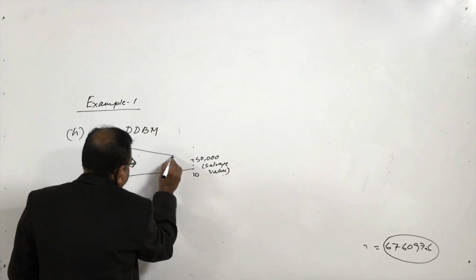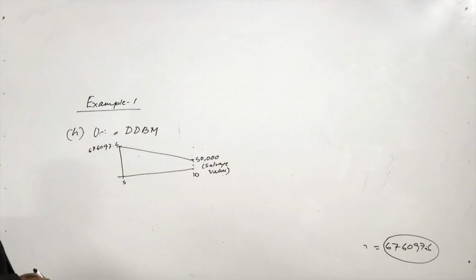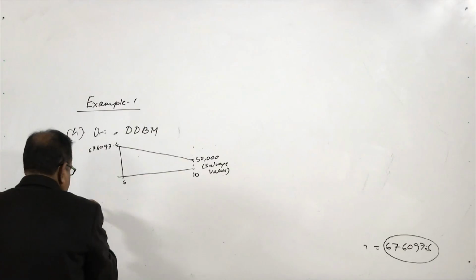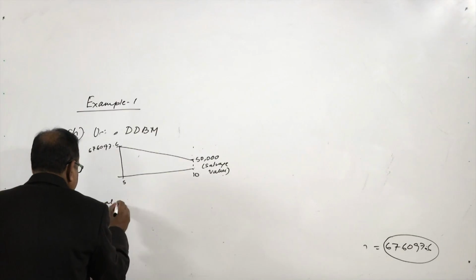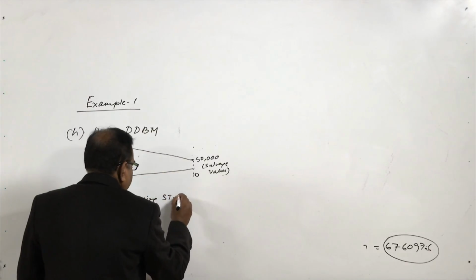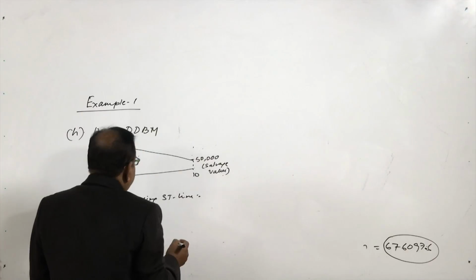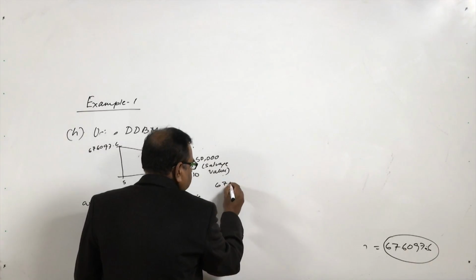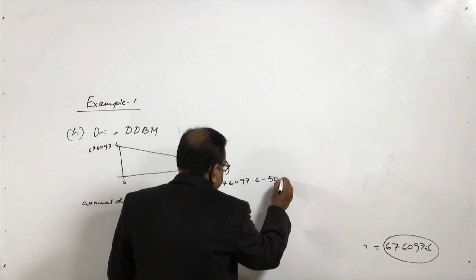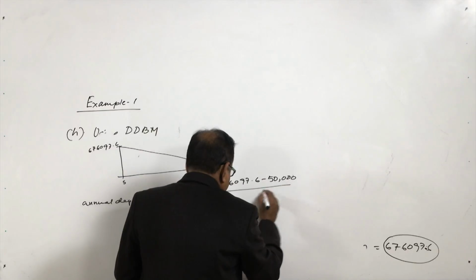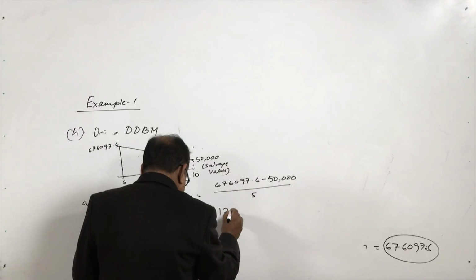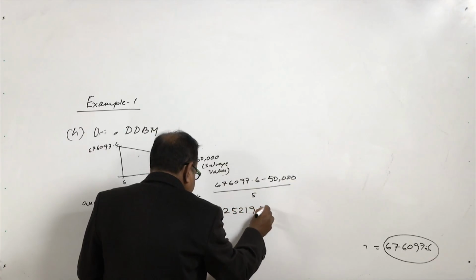So, by using straight line I have to reach from this value to this value, and thus annual depreciation using straight line method is equal to 676,097.6 minus 50,000 divided by 5, that comes out to be rupees 125,219.5.